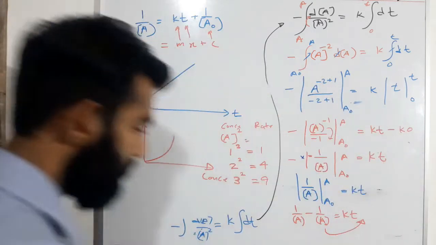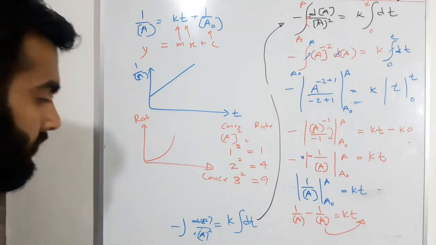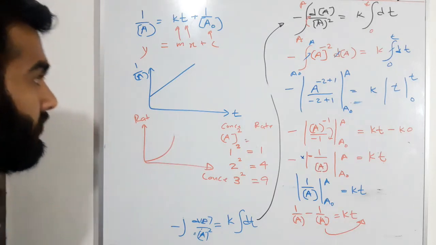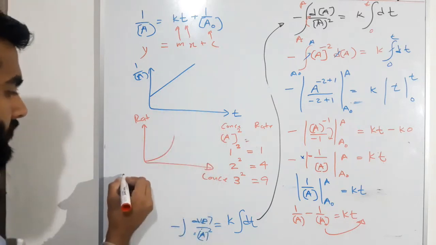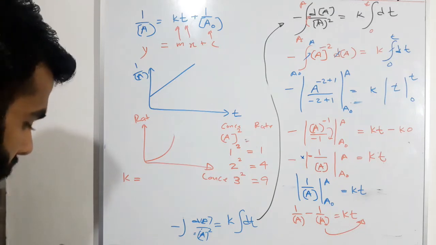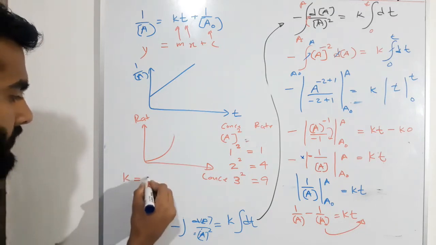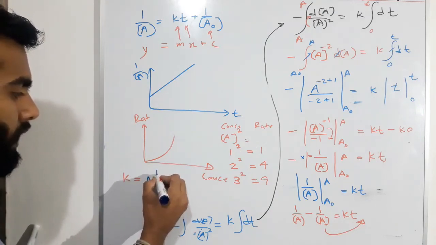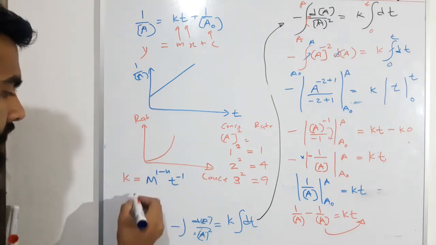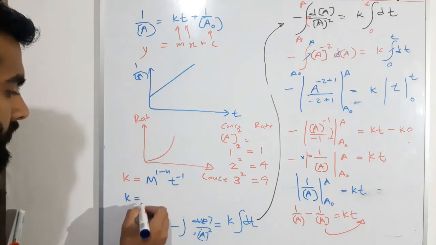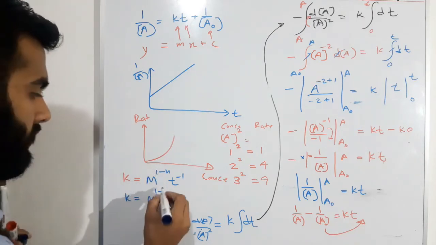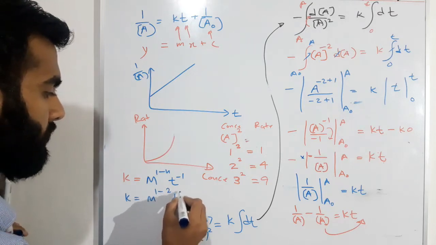Okay, now I will move on to half-lives. Before going to half-life, what can you say about the unit of the rate constant? The common equation, now you can remember that, is molarity to the power 1 minus n, time to the power minus 1. Here 1 minus n for second order is 1 minus 2, time minus 1.